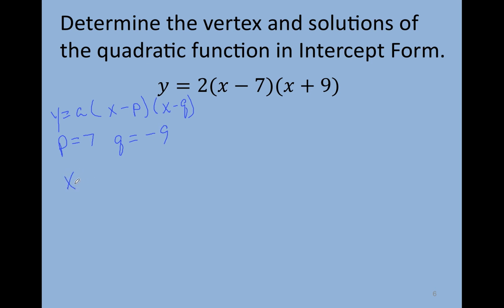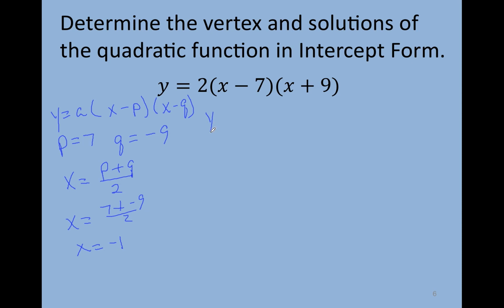The x value of the vertex is p plus q divided by 2. x is equal to 7 plus negative 9 divided by 2. x is equal to negative 2 over 2. So x is equal to negative 1.